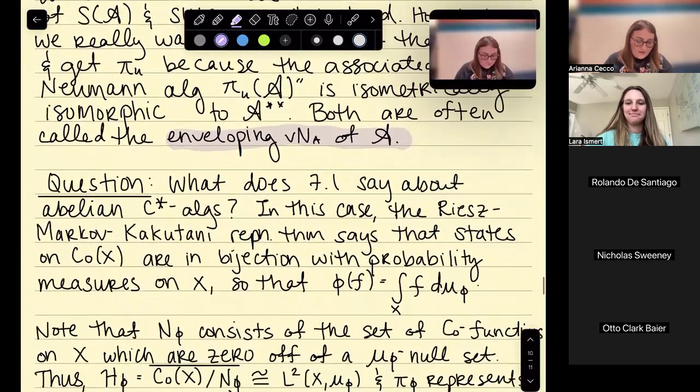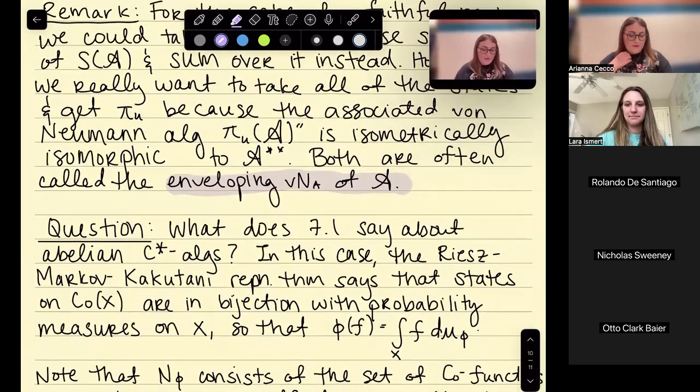All right, so, question. What does this main theorem that we proved say about abelian C-star algebras?